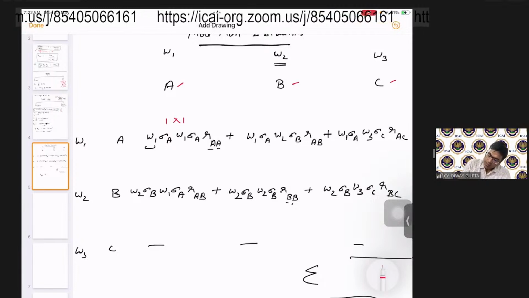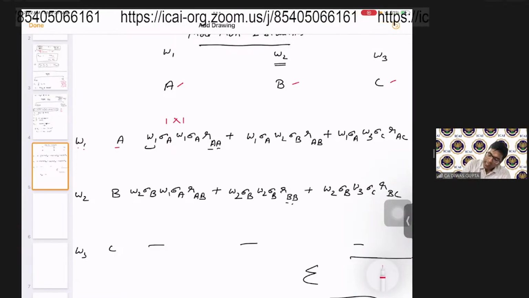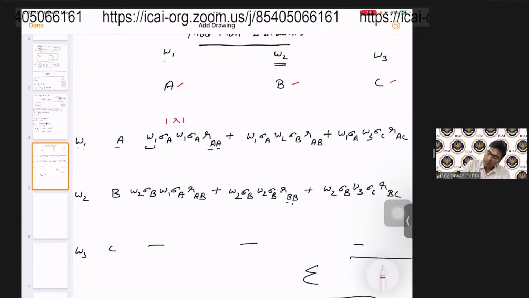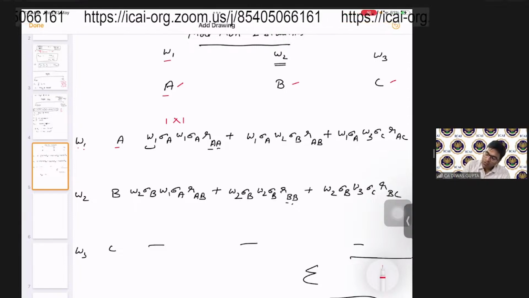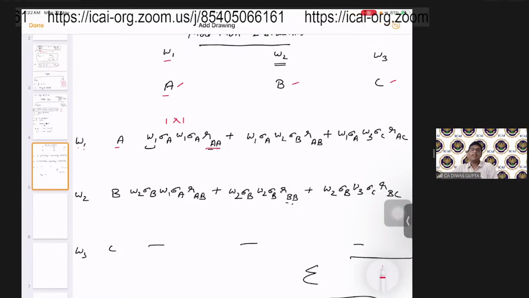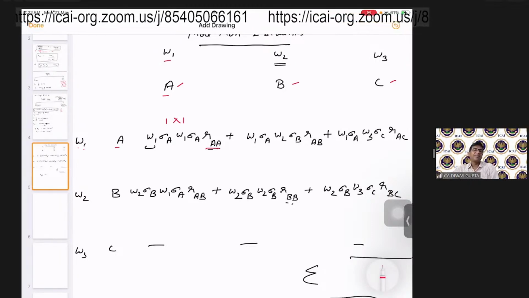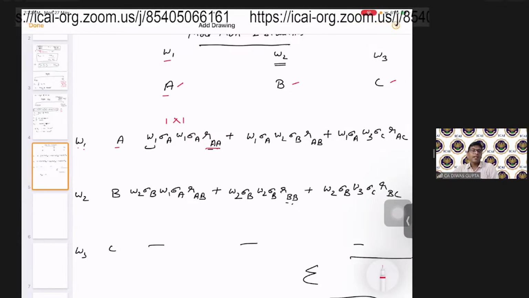So here it will be W1 into standard deviation of A, and again, from the column, we will pick W1 into standard deviation of A. And we will also take R of A and A. So what is R of A and A, students? What is the correlation coefficient within the same security? It is always going to be 1.